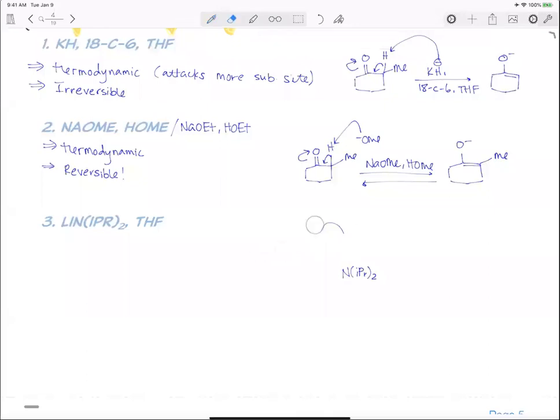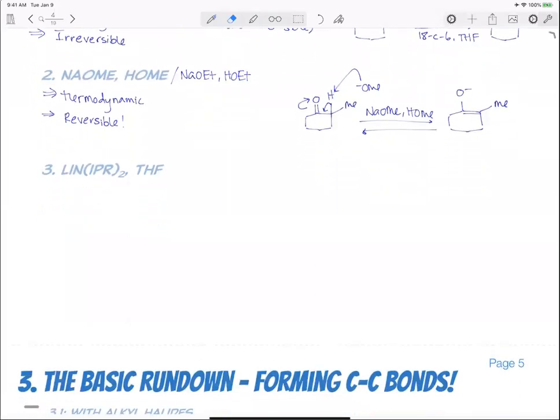I don't know if any of you remember that, but in this chapter you are going to have a subtopic entirely based on this base alone. So it depends. By default though, lithium diisopropylamide is what?